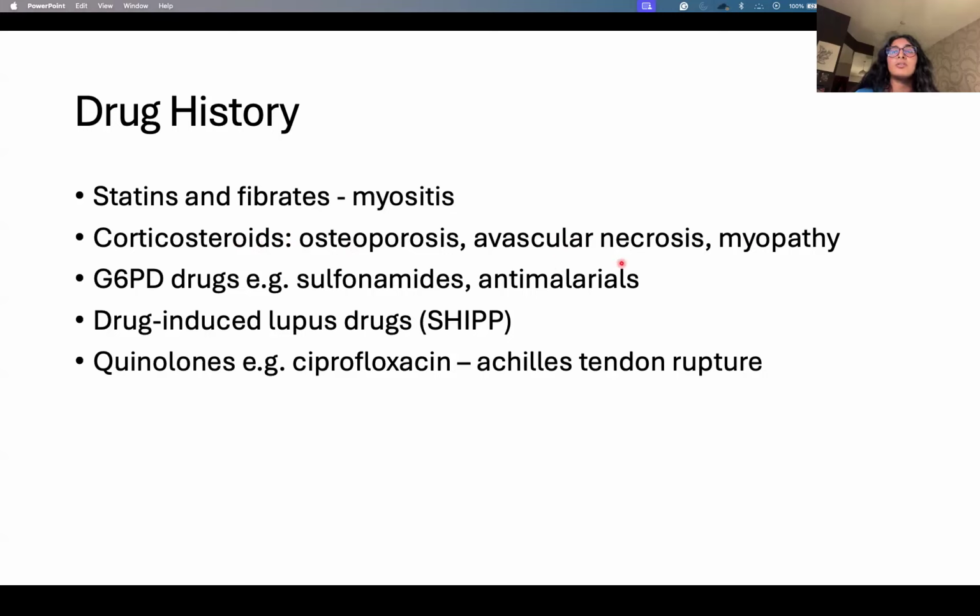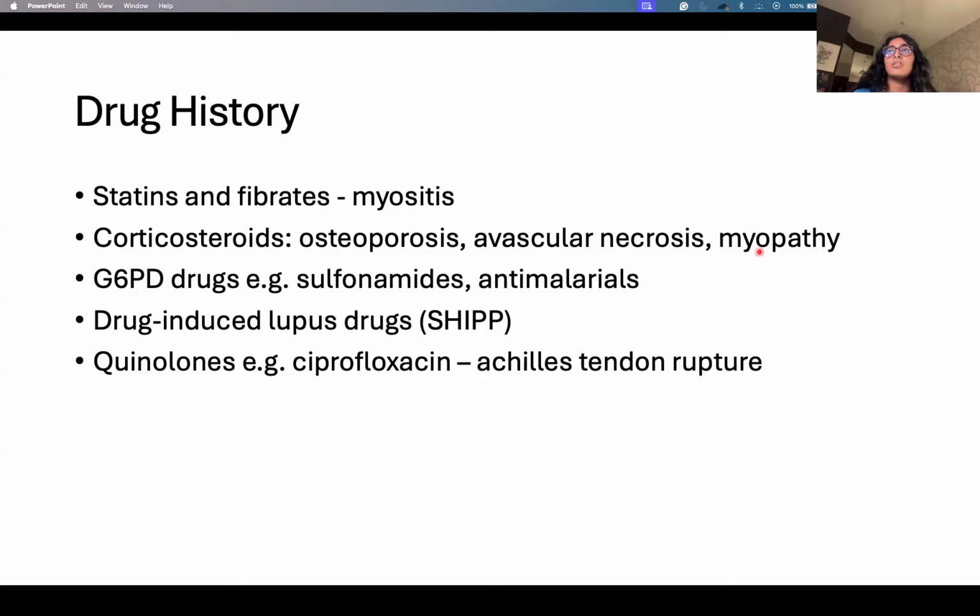Avascular necrosis: there's some bones in the body that have a strange blood supply, especially the hip or some of the bones of your hand. Think about avascular necrosis if there's joint pain or pain in either of those regions, if someone's been on corticosteroids for a long time.